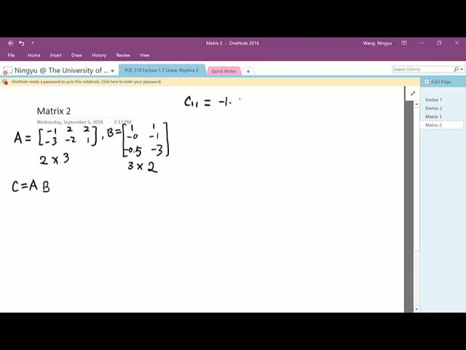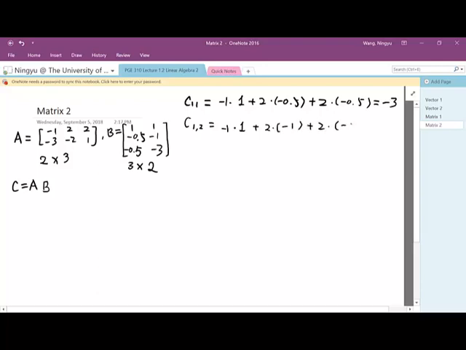Equal to minus 1 multiply 1 plus 2 times minus 0.5 plus 2 times minus 0.5, and this equals minus 3, and C12 equals minus 1 times 1 plus 2 multiply minus 1 plus 2 times minus 3.